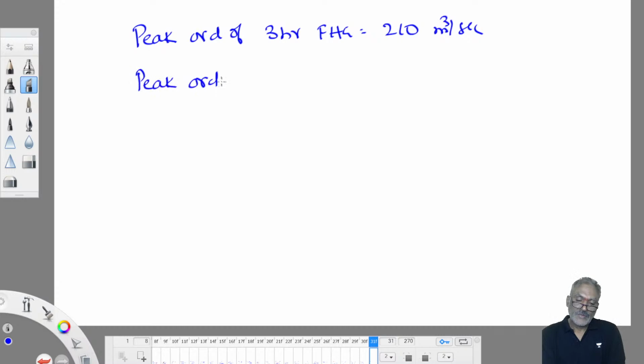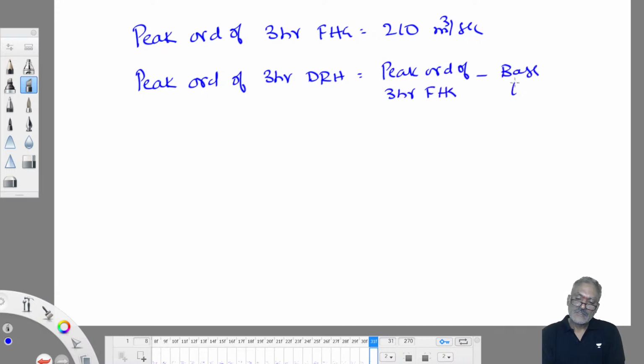Then the peak ordinate of the 3-hour direct runoff hydrograph is the peak ordinate of the 3-hour flood hydrograph minus base flow.